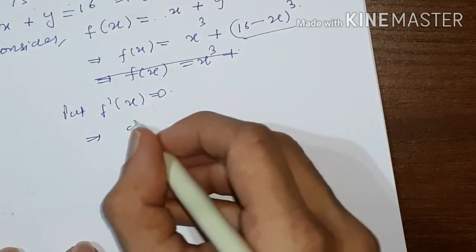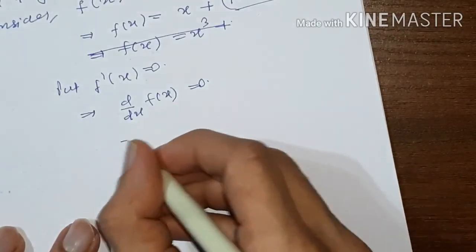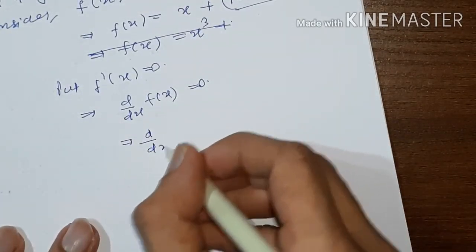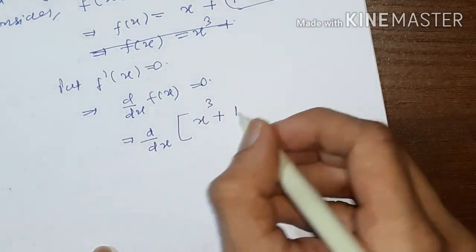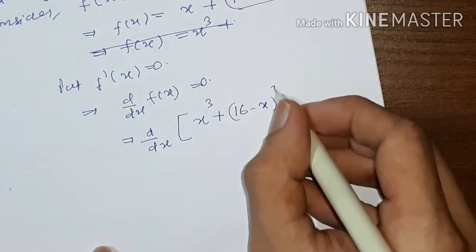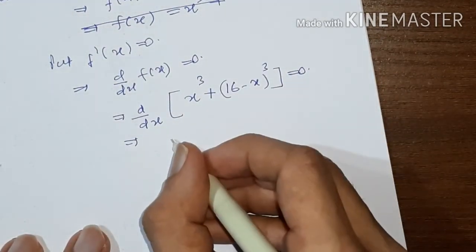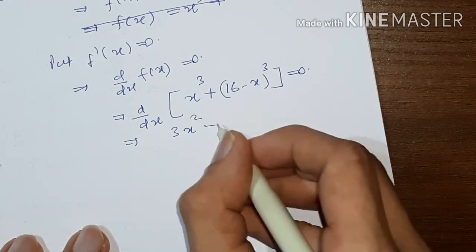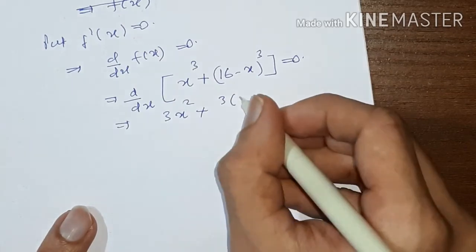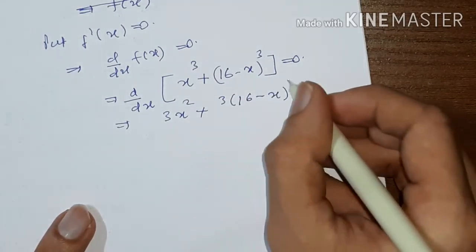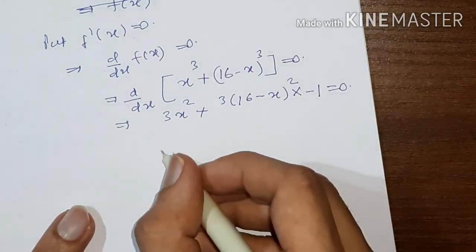That means the derivative of x cube plus (16 minus x) the whole cube, that is the function f(x). So the derivative of x cube is 3x square plus the derivative of (16 minus x) cubed, which is 3 times (16 minus x) the whole square multiplied by minus 1, equal to 0.